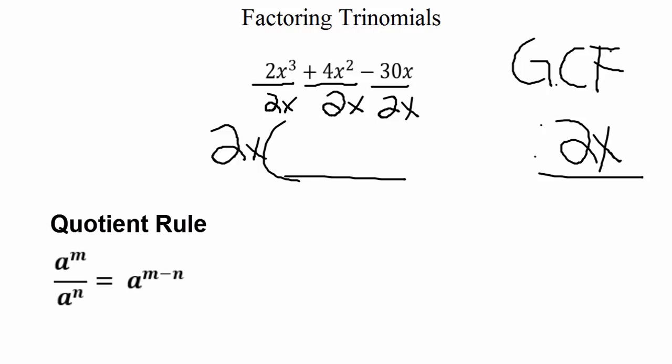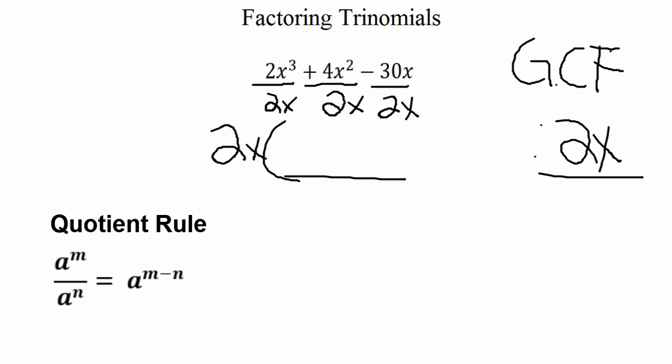Now remember, in order to do this division, we need to know the quotient rule. We would divide our numbers like we would normally know how to, so we would do 2 divided by 2. But when it came to our variables, we would use the quotient rule. So let's go ahead and take care of the division. 2 divided by 2 is a 1. We don't need to write that 1.